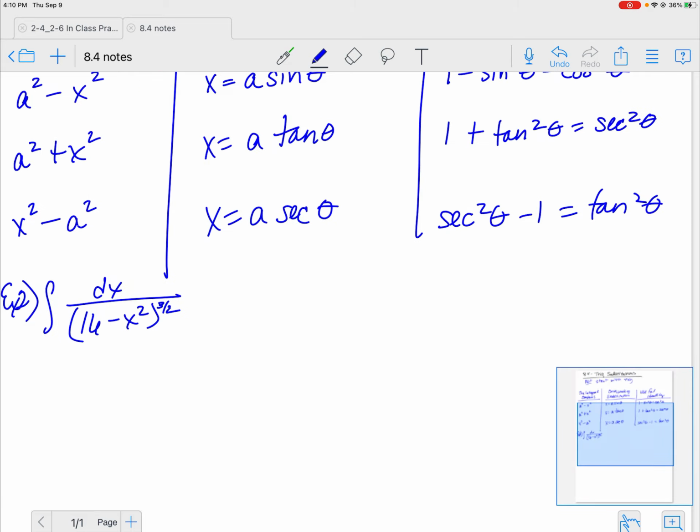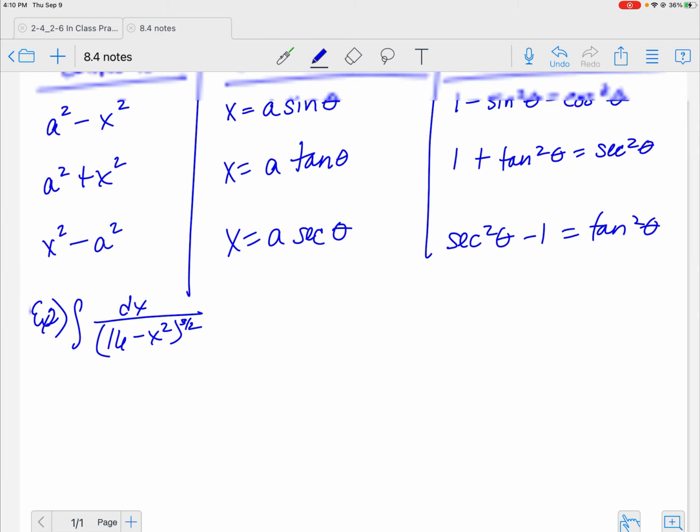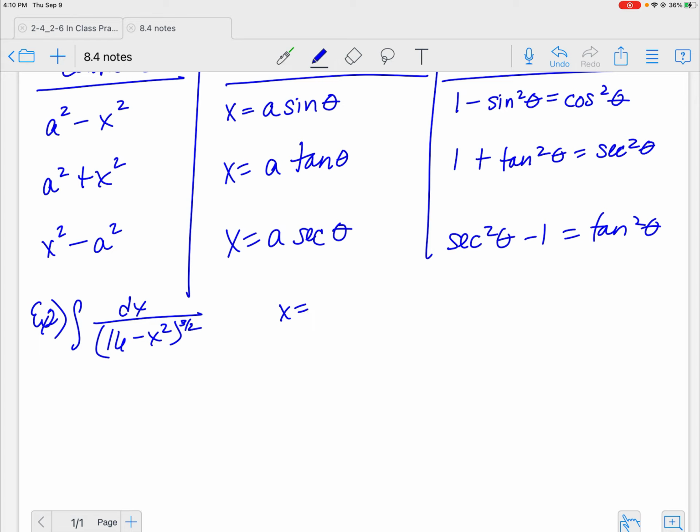Okay, so I now look at this and I say x is equal to a, which a in this instance is a 4, right? 4 sine of theta. So the derivative of that is going to be 4 cosine theta d theta.